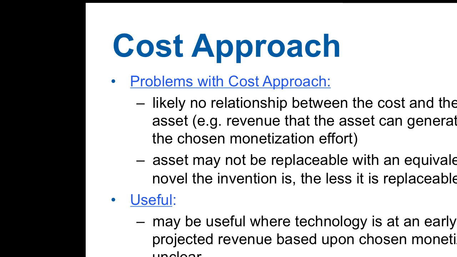So I look at it as something that provides you with just a base, a rule of thumb, a quick concept. Here's what I put into it, here's my costs. It can't be less than that, so I at least have to get my costs back.